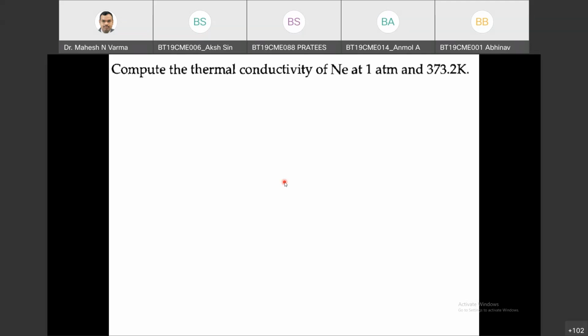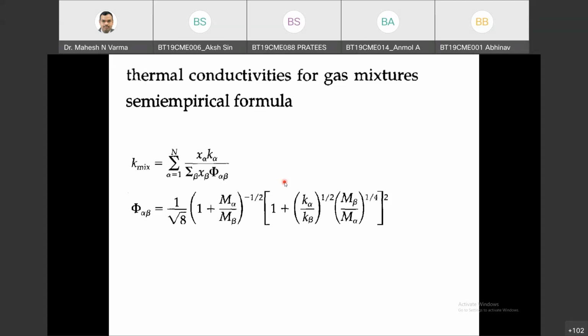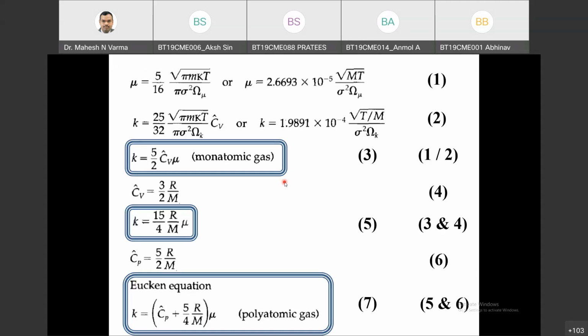Yes, the Eucken equation. How to use this equation? We can find Cp and Cv, I guess. Cp and Cv you can get from the data book.